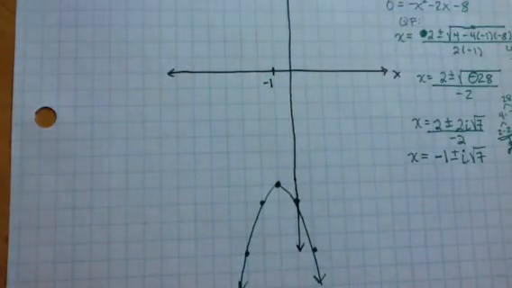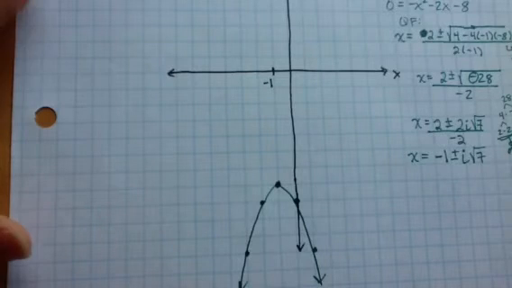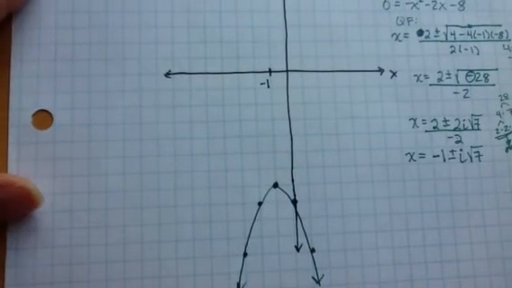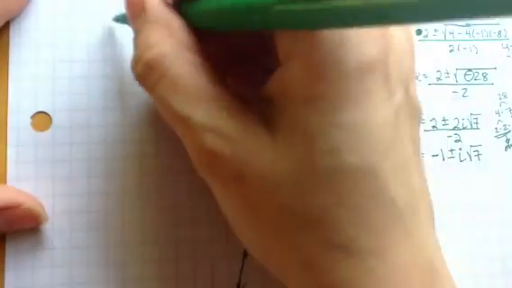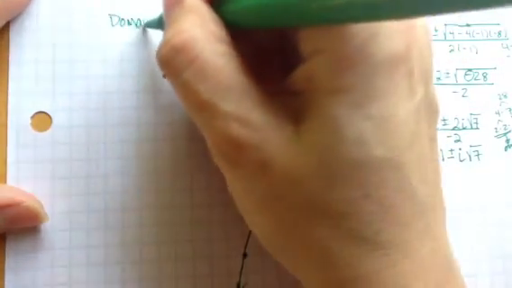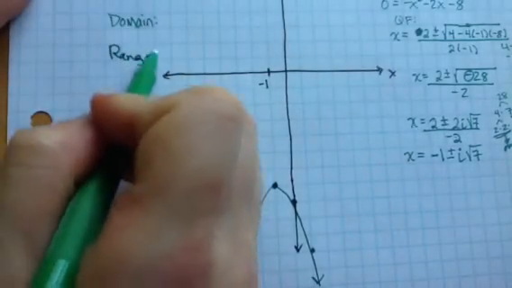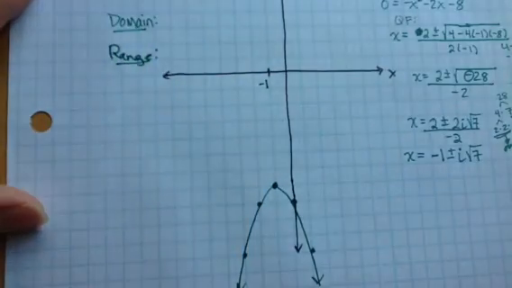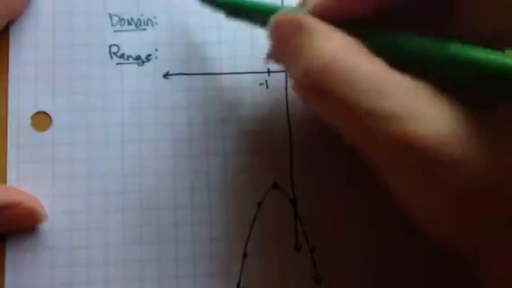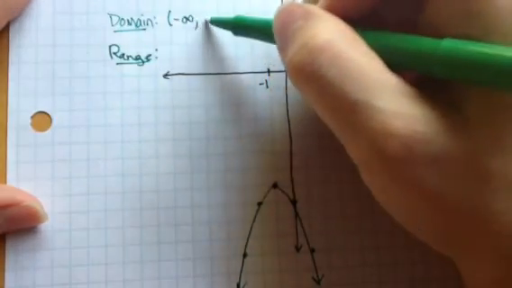Okay. Let's talk about what this graph's domain and range are, where it's increasing and decreasing, and where it's positive and negative. So let's start with domain and range. The domain for any parabola is negative infinity to infinity.